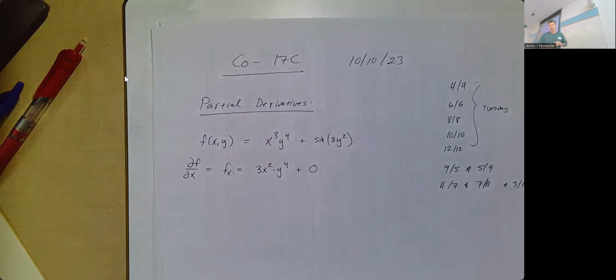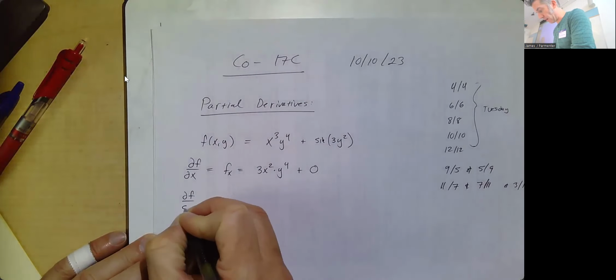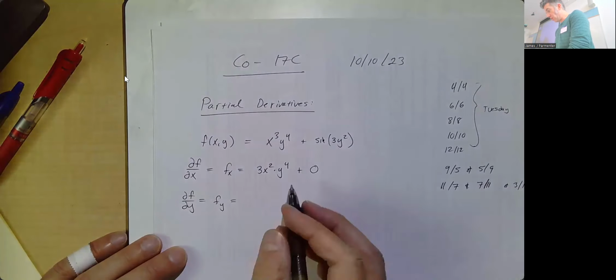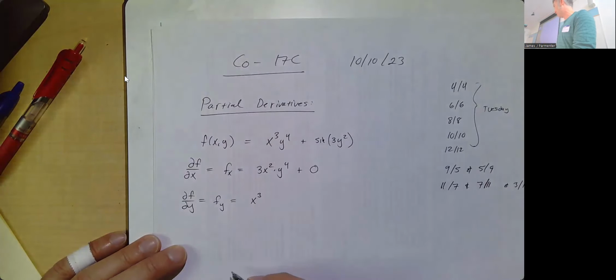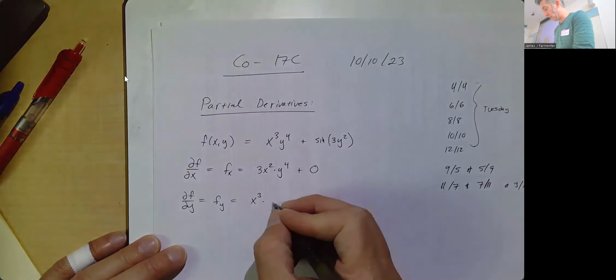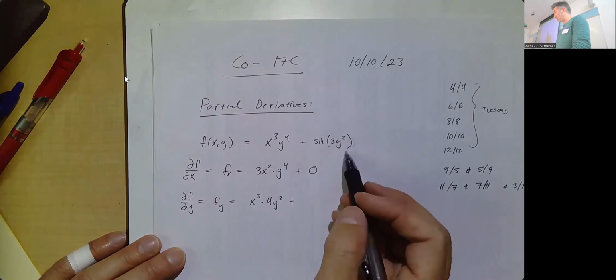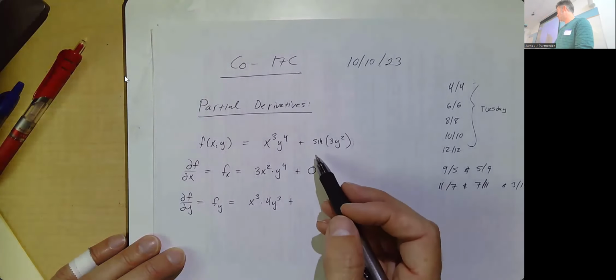So if we take the partial derivative with respect to y, del f del y, or we could write it as f_y, we take the derivative of x cubed times y to the fourth. Now the x cubed is the constant that's hanging out, and the derivative of y to the fourth is 4y cubed. And now sine of 3y squared is not a constant as far as y is concerned, right? If y changes, sine of 3y squared is also going to change.